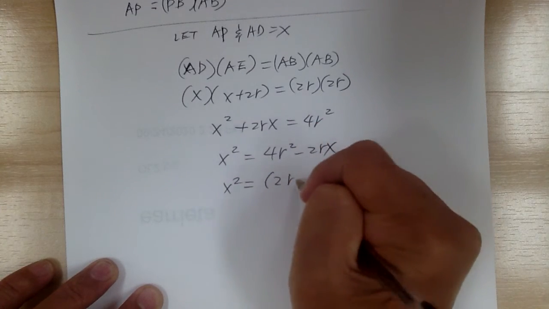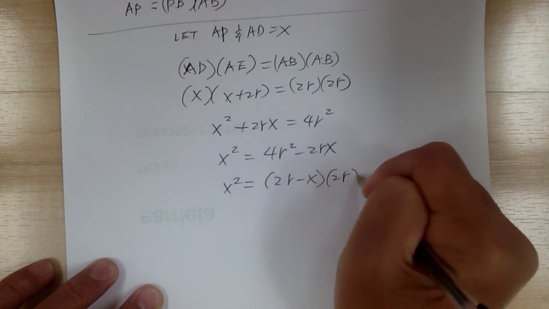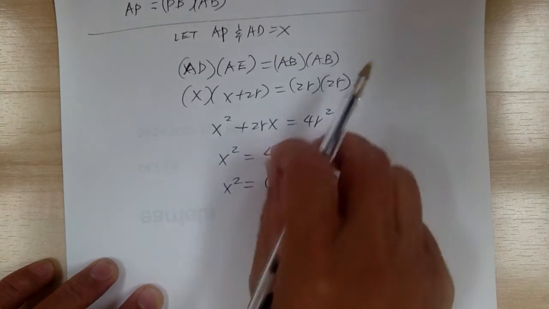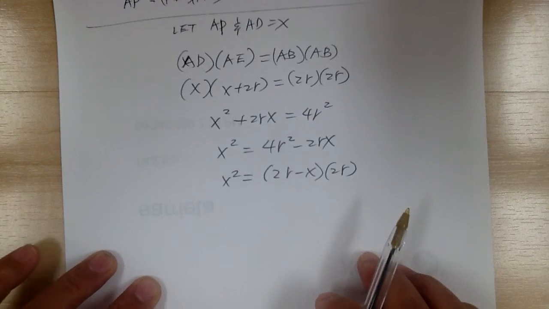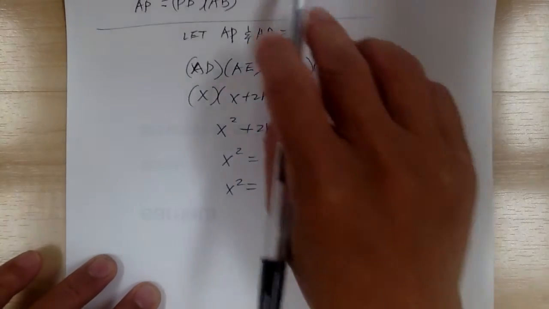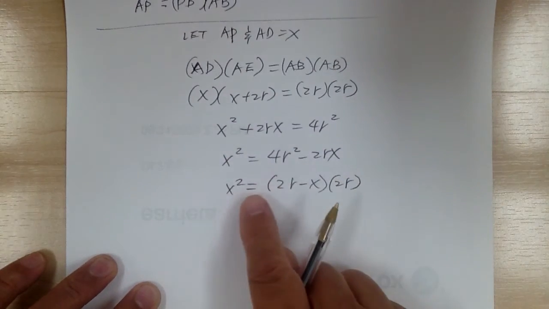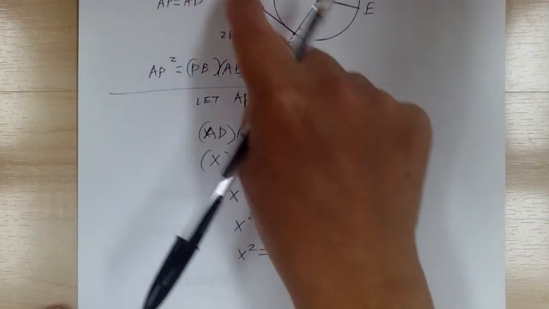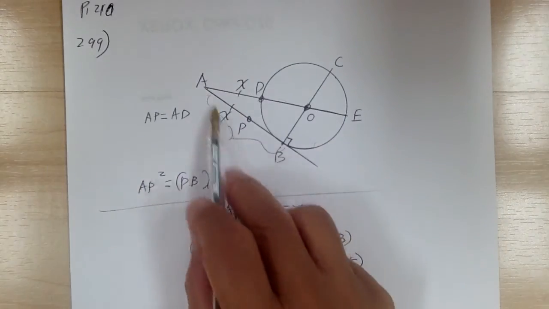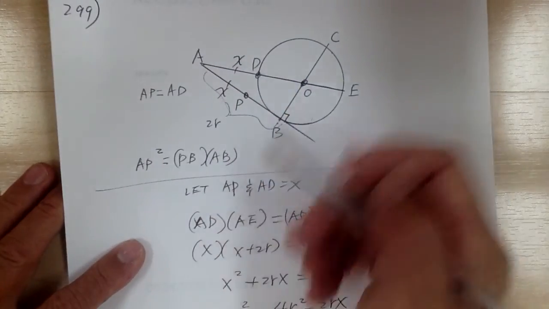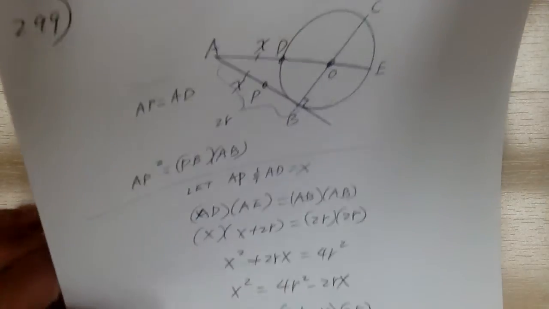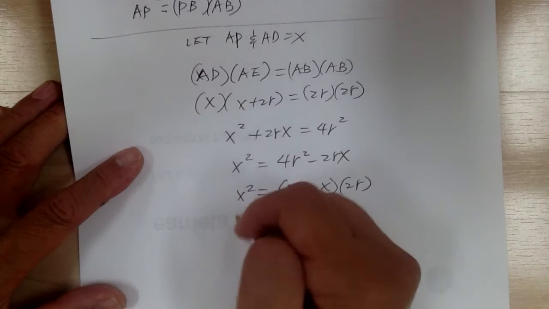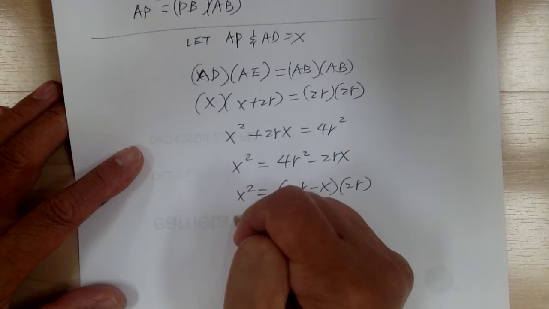You get 2r minus x times 2r. Now we go back to match the picture. What's x? Well, x is AP. The reason we choose x is that it's easier to move things around and easier to see.